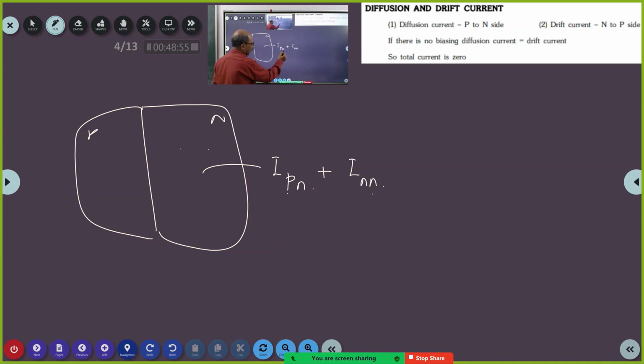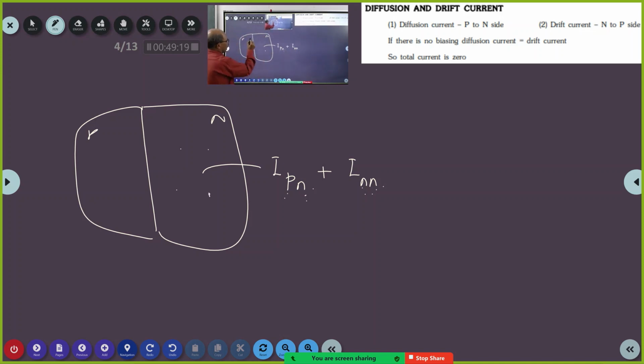The hole current in the N side will be one component of the current, and the other component will be the electron current in the N side.